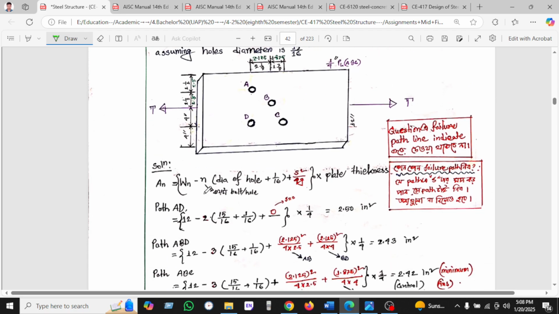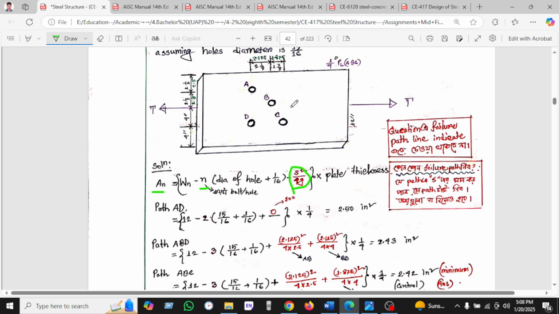Okay, so we know the area is W, the width, times the plate thickness. The width is deducted by n, the number of holes or bolts, times the diameter of the hole, plus 1 by 16, plus s square by 4g.